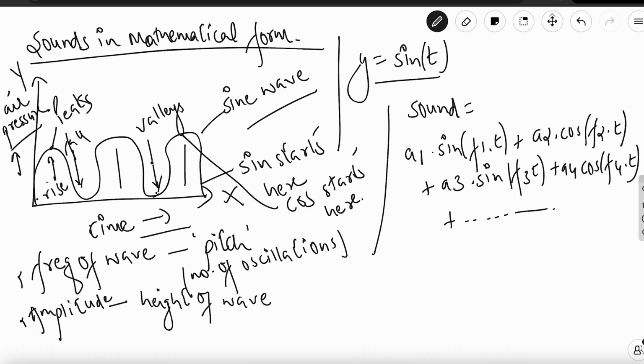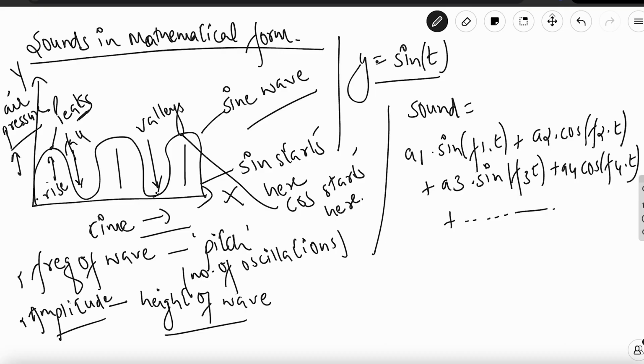The bass in sound is basically the depth of the sound. When the frequency of the wave is more, there are higher numbers of oscillations, and that represents treble in sound terminology. The amplitude here means the height of the wave. The peaks that we have represent the amplitude.